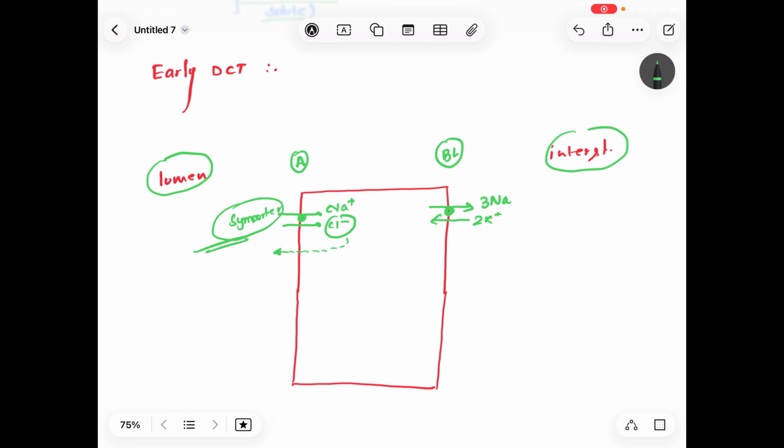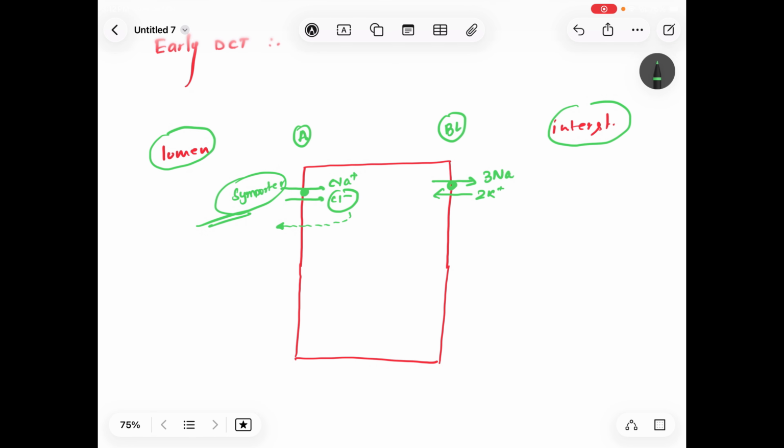Coming to one more active transporter we have in early DCT, which is calcium ATPase. This is very important to remember. In early DCT, apart from sodium potassium ATPase, we have one more transporter, calcium ATPase. It helps active reabsorption of calcium from the basolateral surface. Again, it creates a gradient inside the cell.